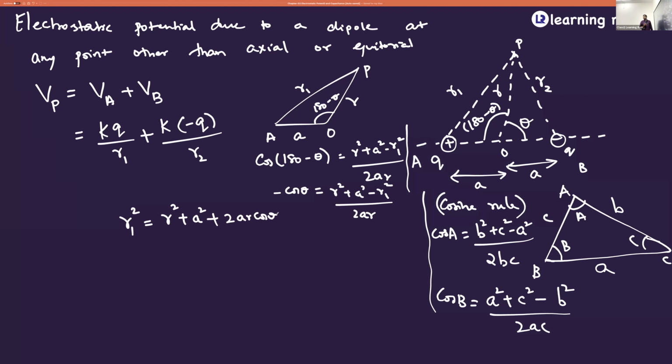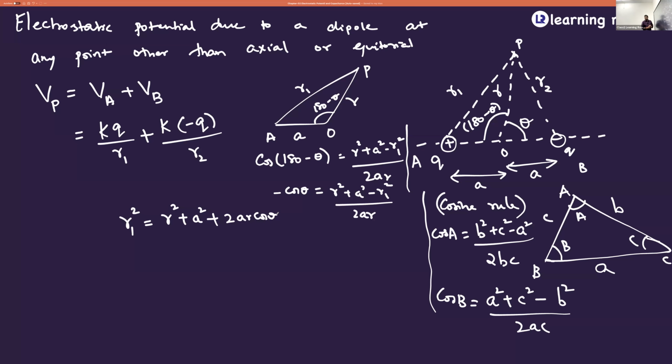I'll tell you what I did. This R1 square, I brought it to the left. 2AR multiplied with minus cos theta is minus 2AR cos theta. If this goes to the right, it becomes plus 2AR cos theta. So I interchanged the negative values. So R1 square is equal to R square plus A square plus 2 times AR cos theta.